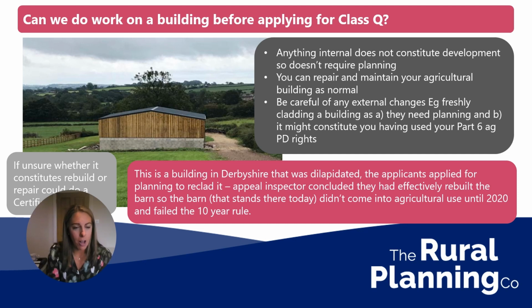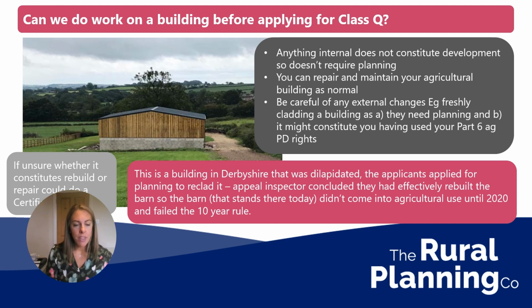So this is a slightly useful explanation. This is a building in Derbyshire that we found through an appeal decision. It was a dilapidated building. I've not got a photo of it before. The applicants actually applied for planning to reclad it, and then they subsequently applied for the Class Q. The appeal inspector concluded that they had effectively done so much work that they had rebuilt the barn in 2020.